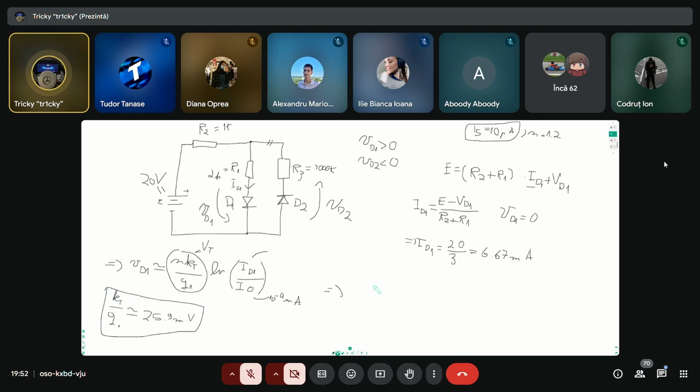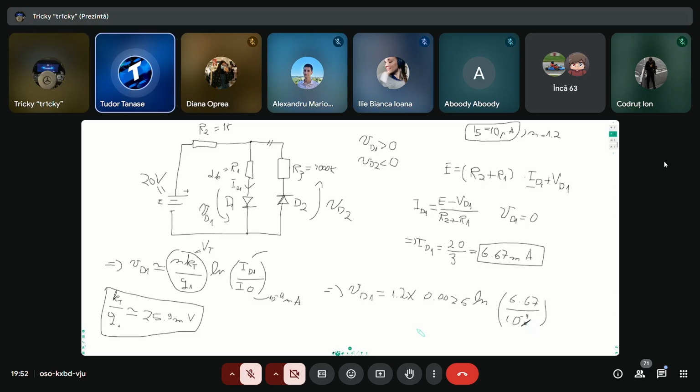So this results in VD1 equal to 1.2 times, we're going to rewrite this as 0.025 just for simplicity, times ln of ID1, which we calculated over here, 6.67 divided by 10 to minus 9. I'm not going to write milliamps, whatever.